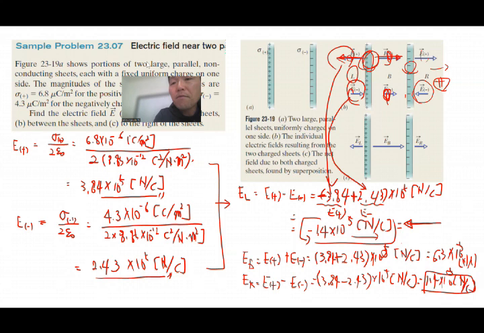But if those two plates are equally charged with the same amount of charge, then the electric fields from those two plates cancel each other out, leaving zero electric field outside the two plates and only double the electric field from one plate inside. So there shouldn't be any electric field outside of these two plates, as long as the two parallel plates are charged with the same quantity of charge. So that is the answer for this example problem.